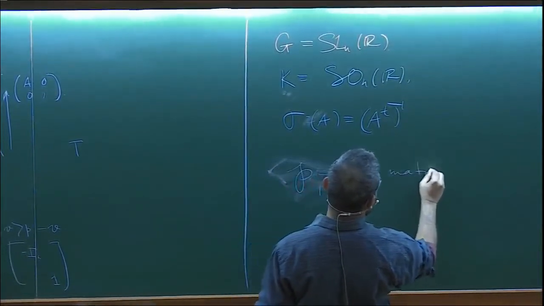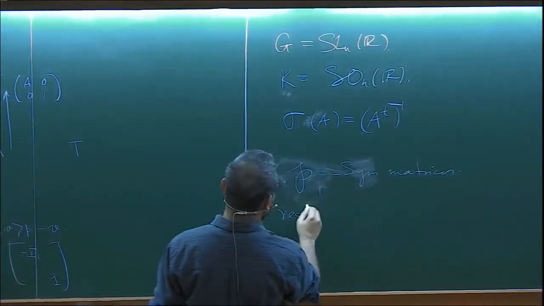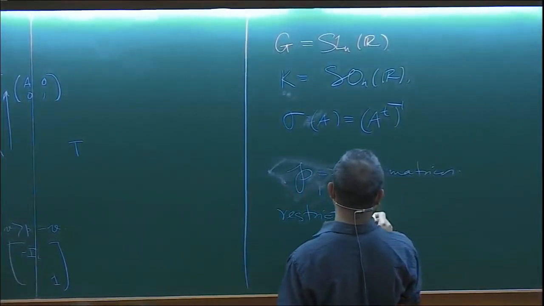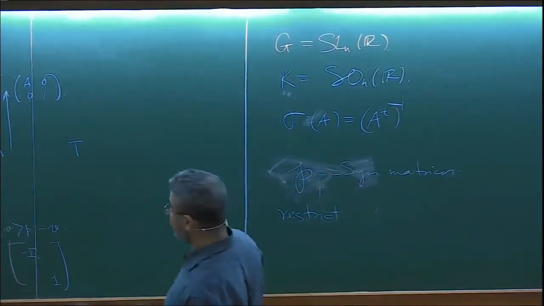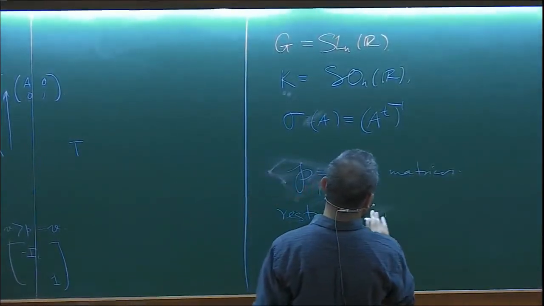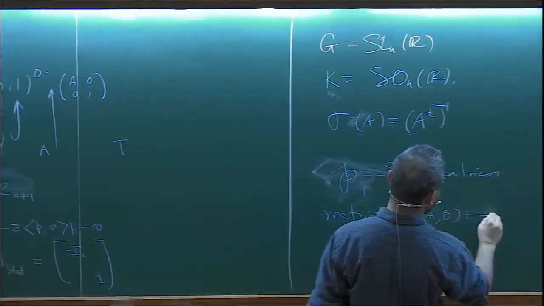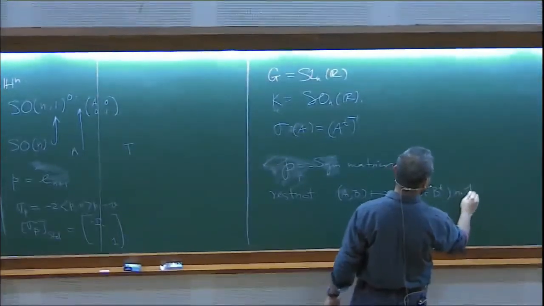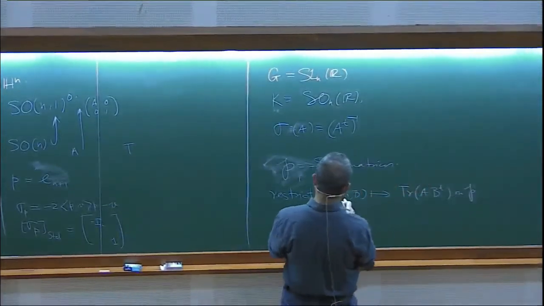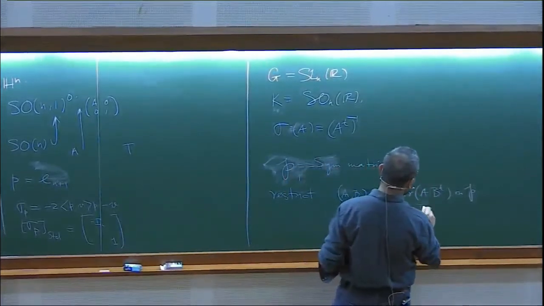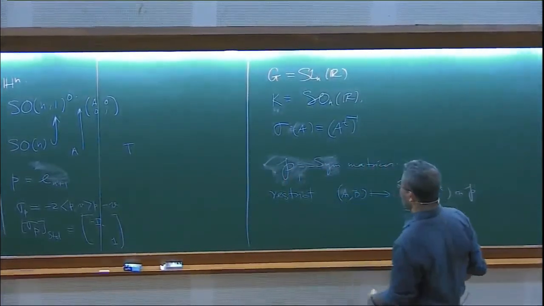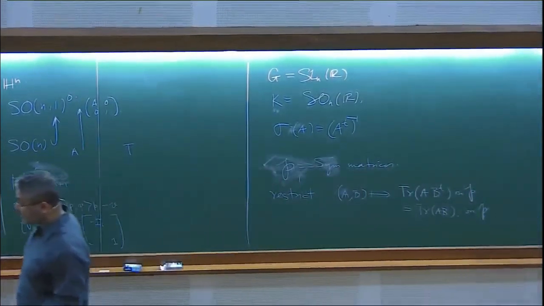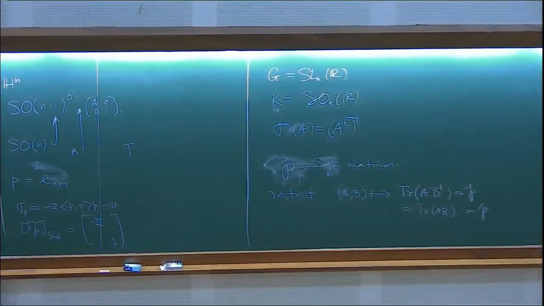So restrict the form trace (A, B) going to trace A B transpose to P, and since it is symmetric, and A B is in P, this is simply the trace of AB on P. This gives me a new Riemannian symmetric space, and this is not a constant curvature space.